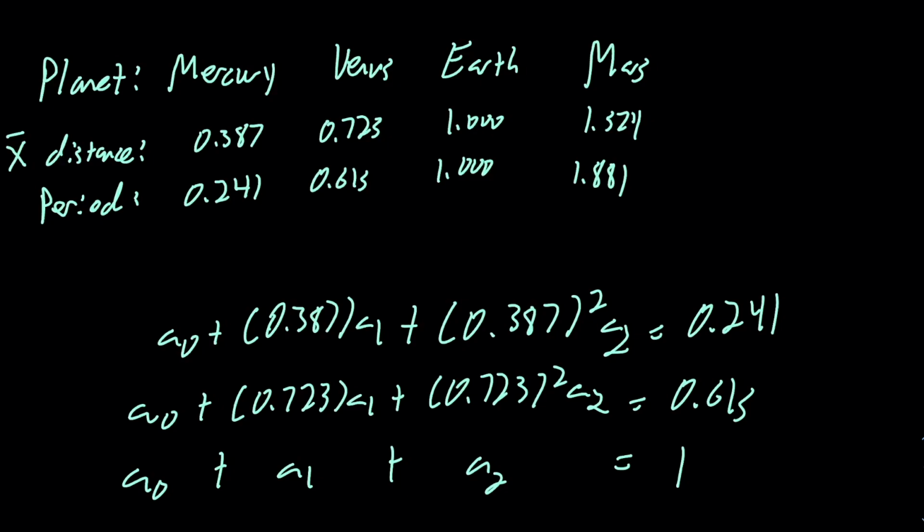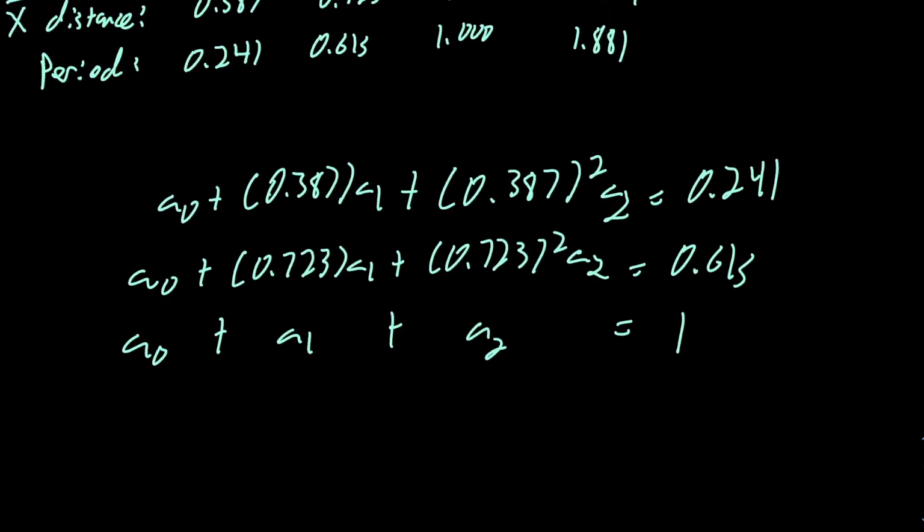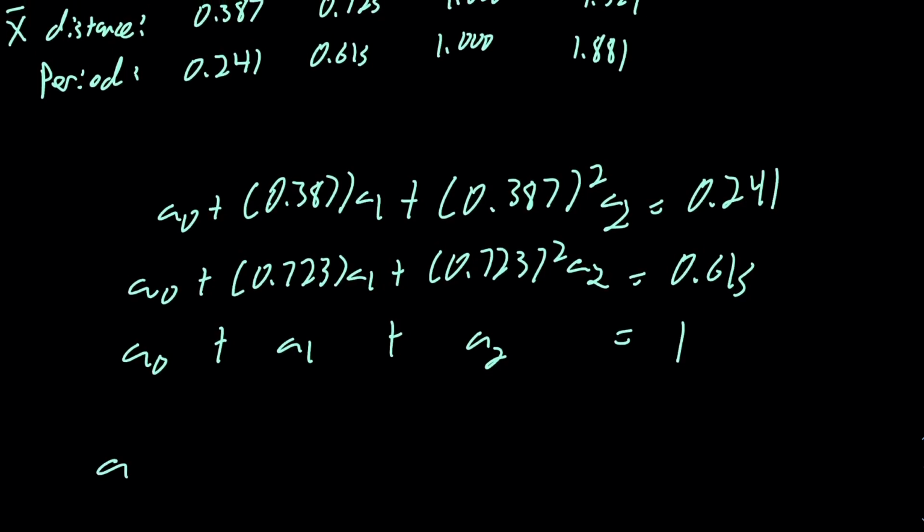Well, you have everything you need pertaining to the 3 closest planets to the sun, and it's just going to require some old school Gaussian elimination. And if you were to work this out through Gaussian elimination, or let's be honest here, you probably have a fancy calculator that does the solutions for you, you should get 3 approximations.